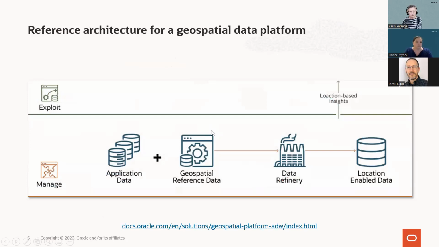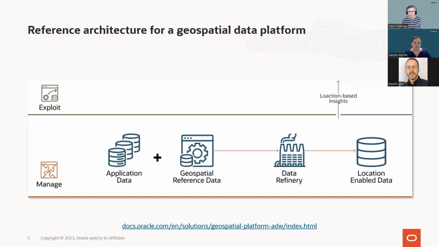I would also like to remind you that we have talked about reference architectures available in the Oracle Reference Architecture Center, and we have integrated a reference architecture to build a kind of simple geospatial data platform.